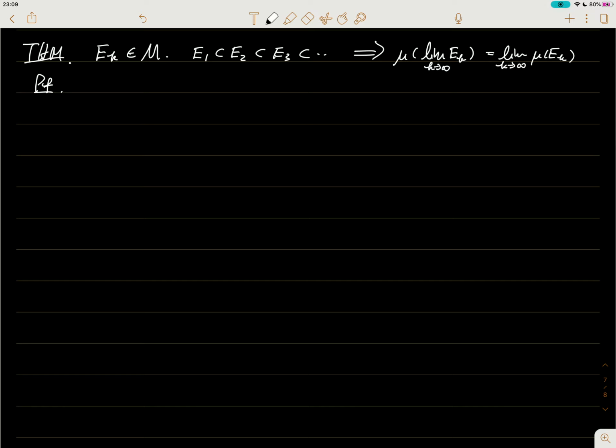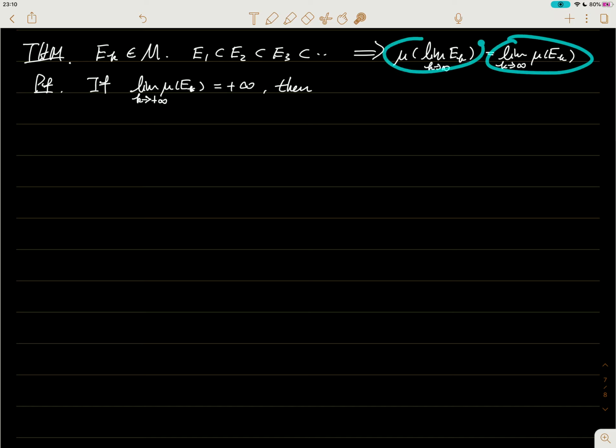can see that if the limit of this mu EK is infinity, then we know that this right-hand side is infinity, then the left-hand side must be also infinity. The reason is this is bigger than or equal to the individual one, and we know that this is increasing.